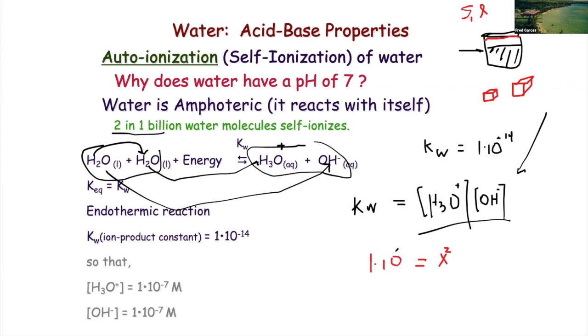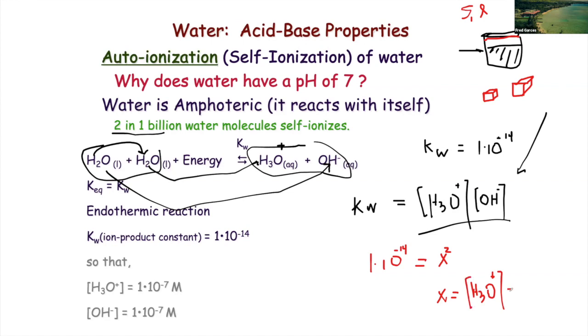I apologize for introducing math to you guys here, but that's just the nature of chemistry. And if we solve for x, which is equal to hydronium and hydroxide, the concentration that is.